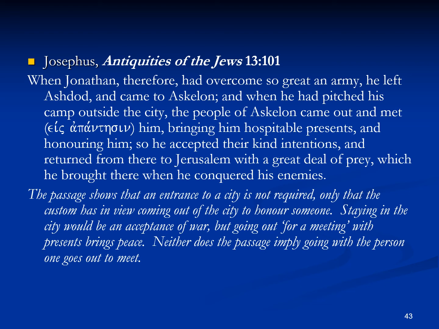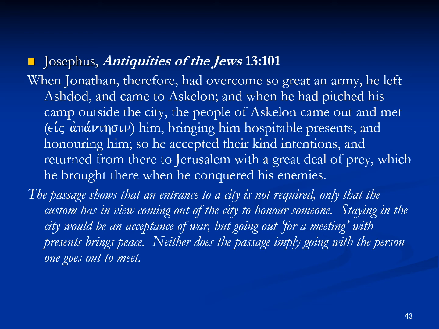So this passage shows that an entrance to a city is not required, only that the custom has in view coming out of the city to honor someone. But often the person is coming to the city and the group of people go out to meet the person as that person comes in. Staying in the city would be an acceptance of war in this case of Josephus, but going out for a meeting with presence brings peace.